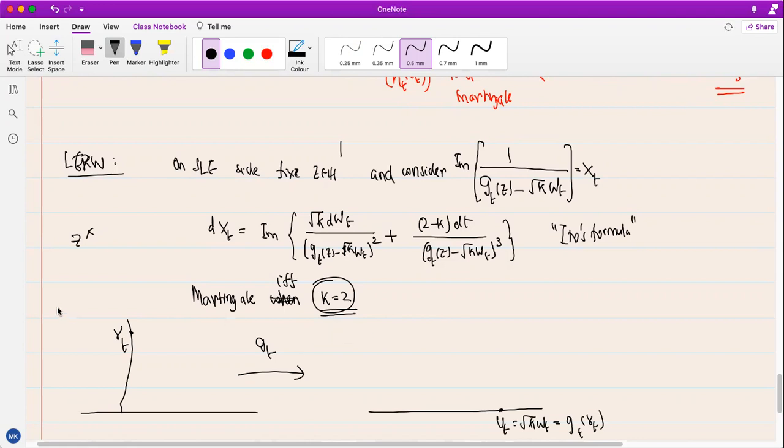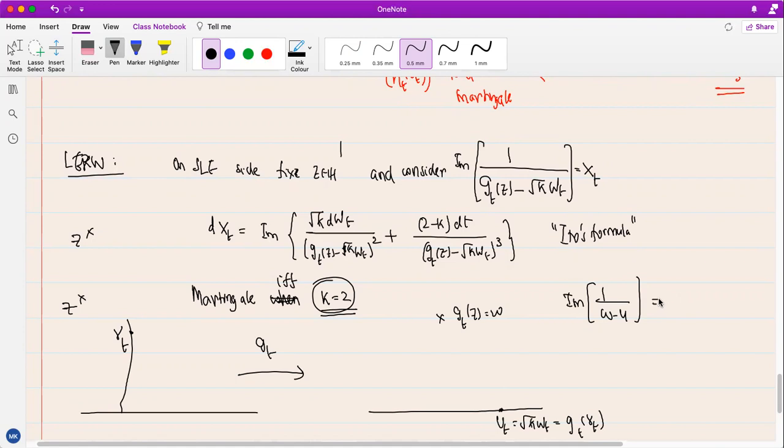Let me write Z here, and this is GT of Z. Let's call it W. What is the imaginary part of 1 over W minus U? Let's say W is in the upper half plane, U is on the real line.